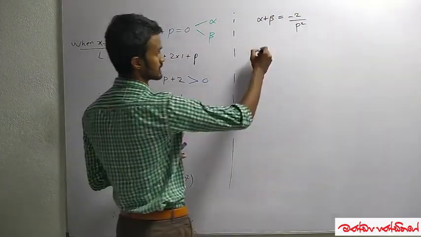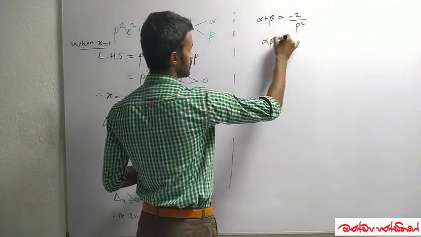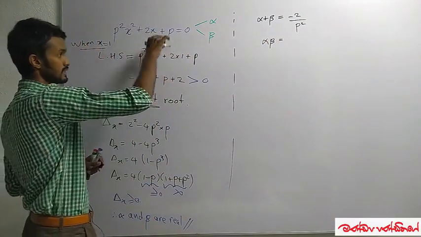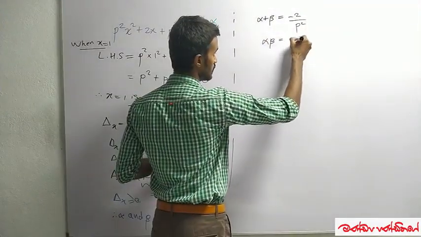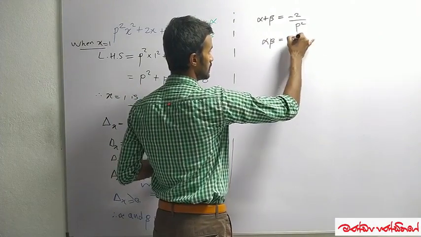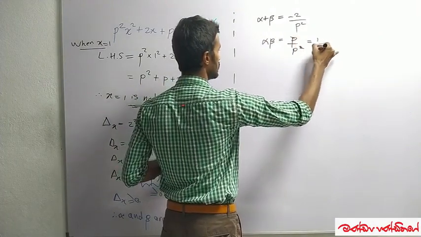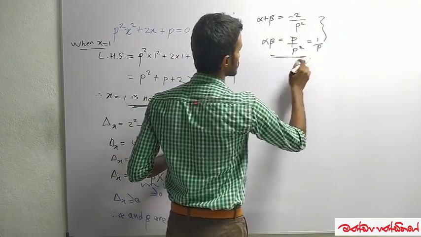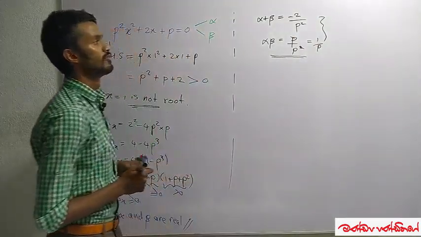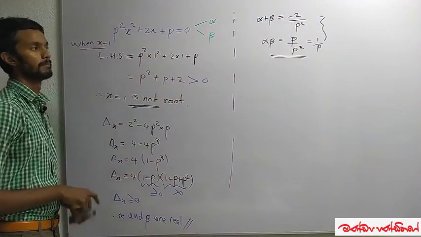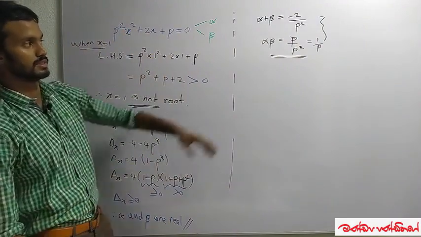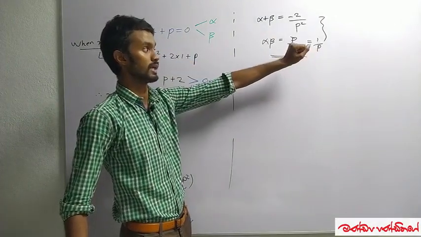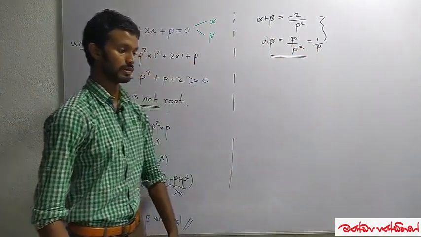The product of the two roots is given by c over a, which is p over p squared, and I get 1 over p. So alpha plus beta is equal to minus 2 over p squared, and alpha beta is equal to 1 over p.